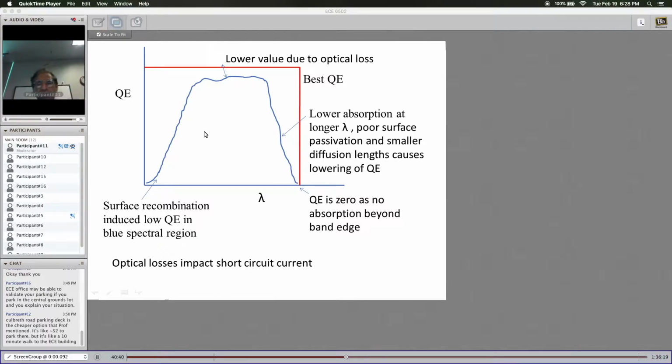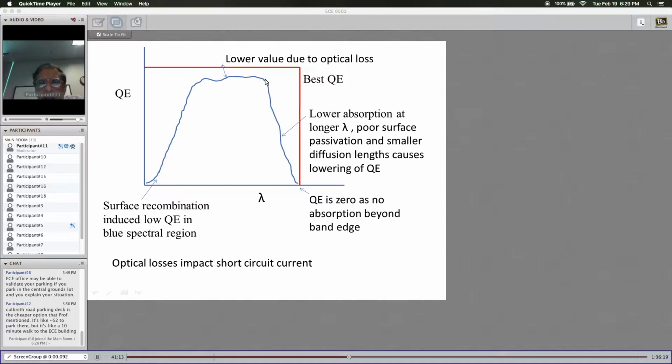But practically you get a curve like the one shown in blue, and like I mentioned last lecture, the rise on the left-hand side, at shorter wavelengths, comes from surface recombination. Shorter wavelengths get absorbed near the surface, so they are affected more by surface recombination, and that's what leads to this slow rise.